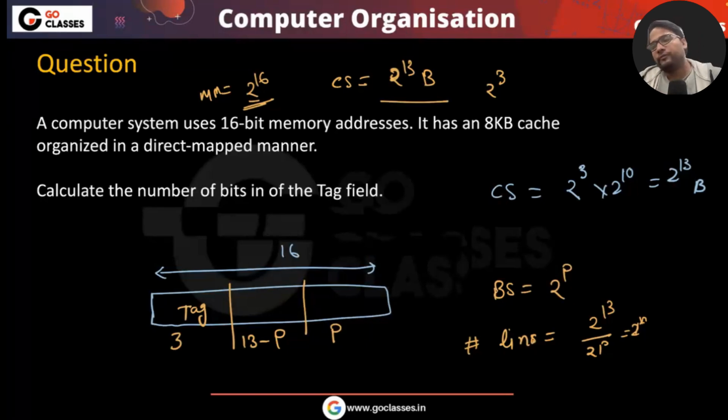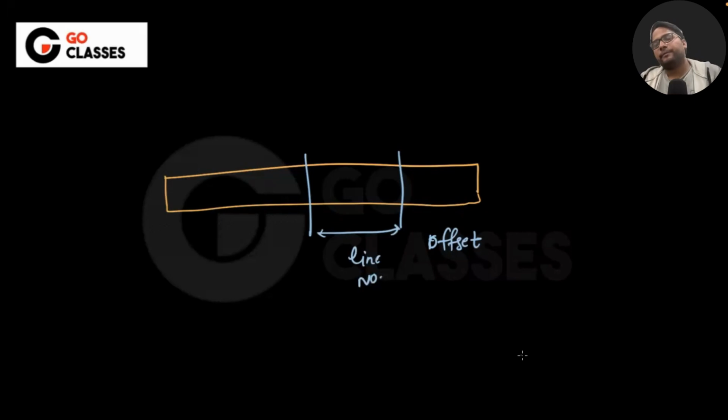Let me explain how. See, let's suppose I have 16 bits, okay? What do we say here? That this is the block offset, right? Or let me just write offset. This is the offset. This is the line number, right? This is the line number. This is the offset. Now, do these two things reveal something to you?